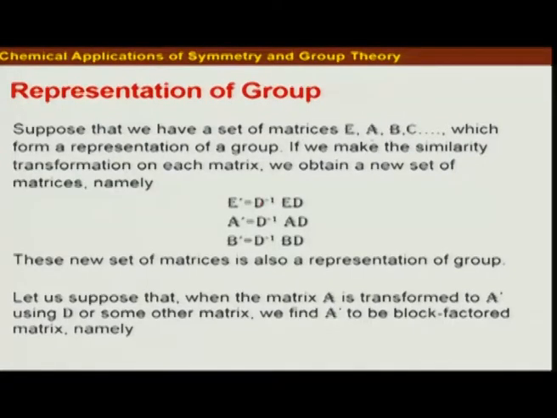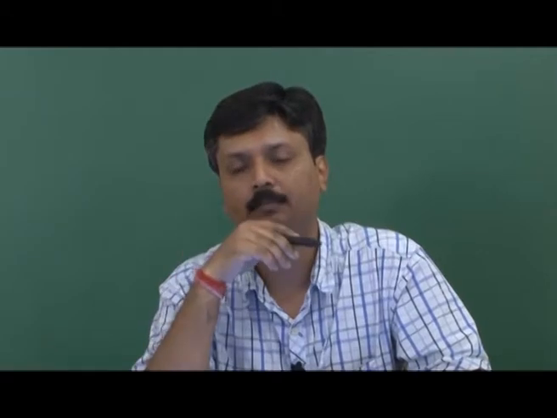So I do a similarity operation on the matrix E, on matrix A, on matrix B and so on, and I get a matrix out of it. So I call it E prime, A prime, B prime and so on. Now this new set of matrices that I get by doing the similarity transformation will also form a representation.